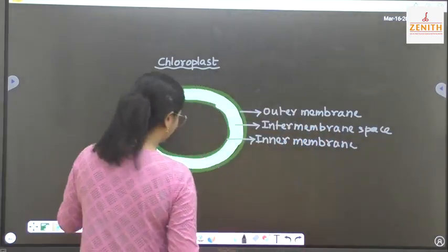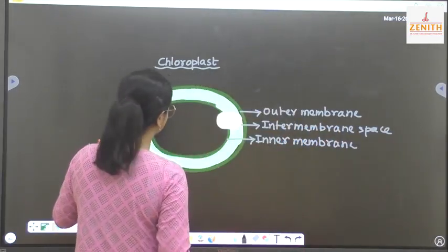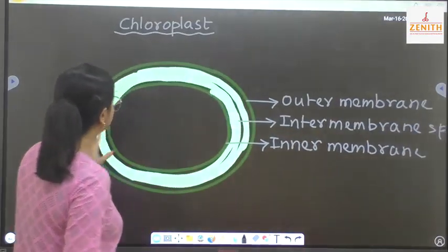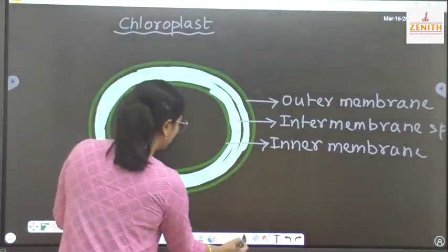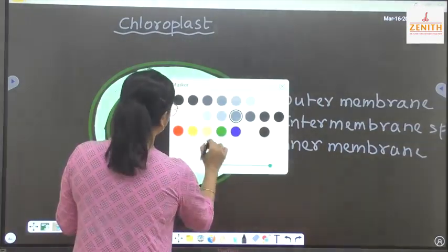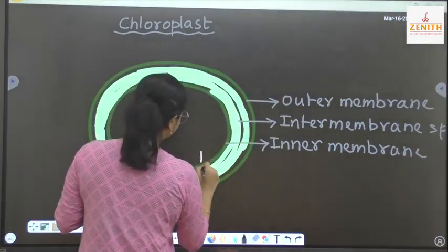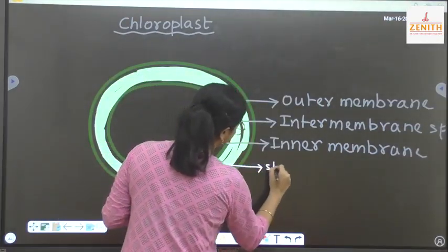Now it's very important that inside the inner membrane there is a matrix present, which is known as the stroma.